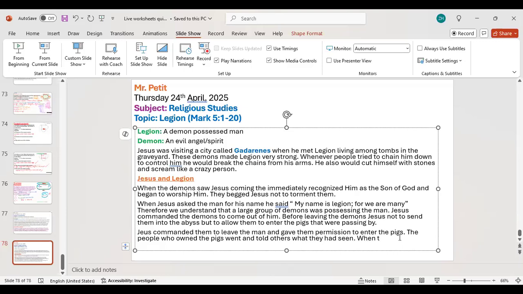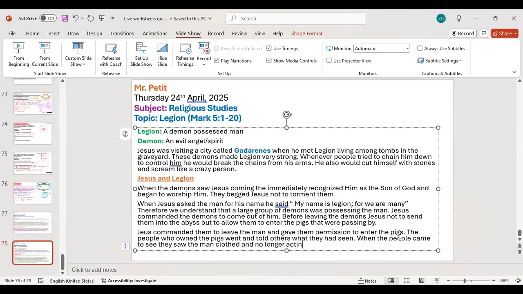When the people came to see, they saw the man clothed, right? Or dressed, and no longer acting what? Crazy.